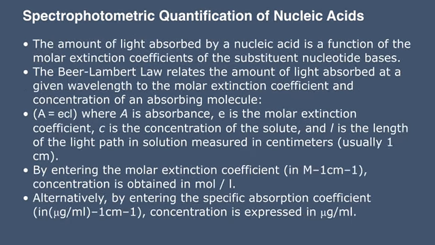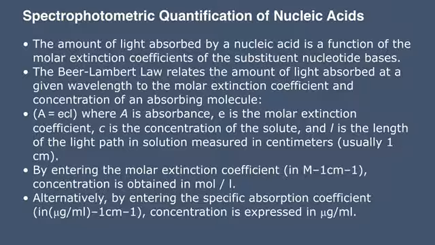The amount of light absorbed by a nucleic acid is a function of the molar extinction coefficients of the constituent nucleotide bases. The Beer-Lambert law relates the amount of light absorbed at a given wavelength to the molar extinction coefficient and concentration of an absorbing molecule.